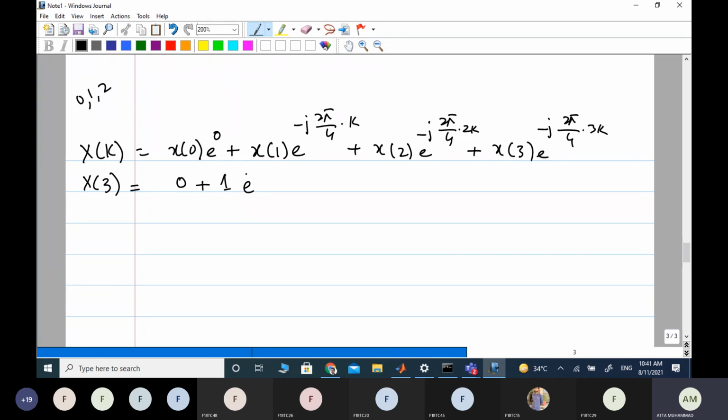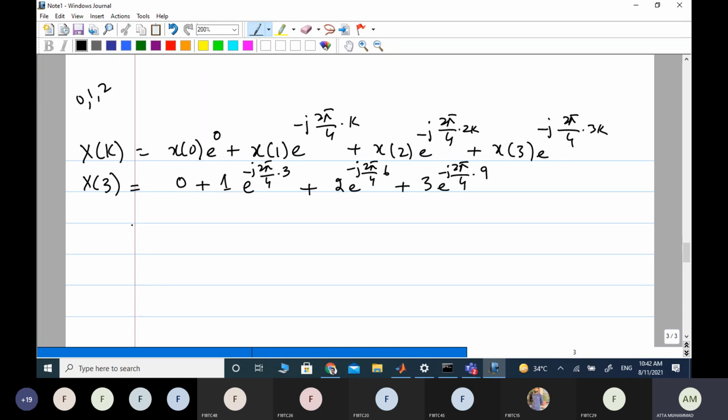So let me write this: e to the power minus j2π by 4 times 3, plus x(2) is 2, e to the power minus j2π by 4 times 3 times 2, which is 6, plus x(3) is 3, e to the power minus j2π by 4 times 3 times 3, which is 9. Okay, so far so good.